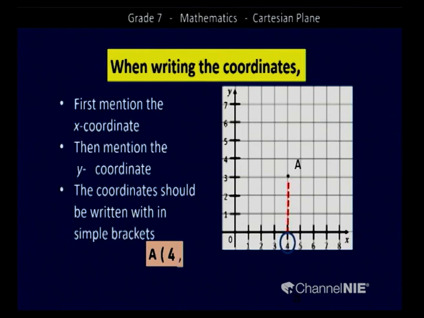As I have told you, first we have to mention the x coordinate when writing the coordinates of a point. Then I am going to write the y coordinate. For that, I have drawn a perpendicular from point A to the y axis, and it goes through plus 3. Therefore, my y coordinate is plus 3.